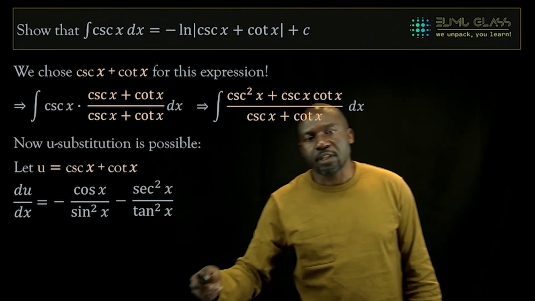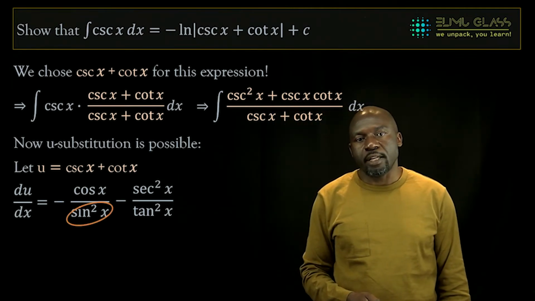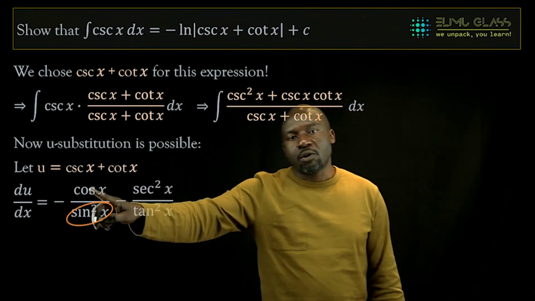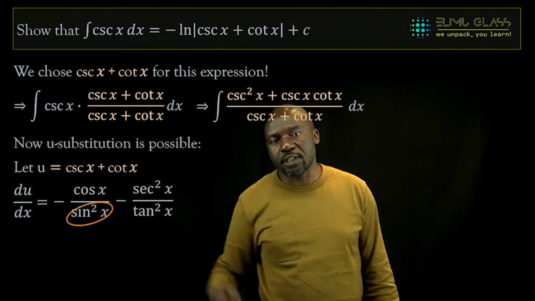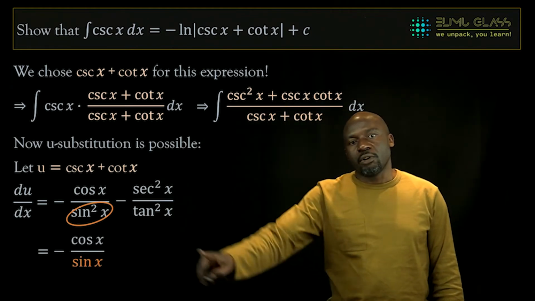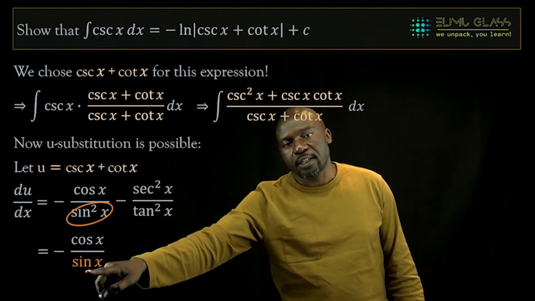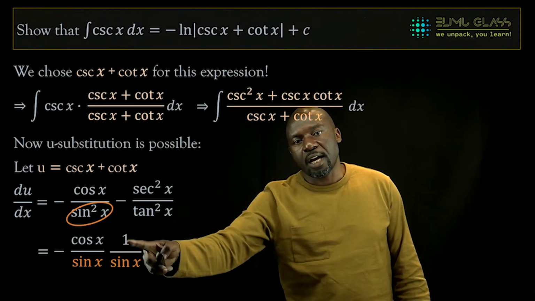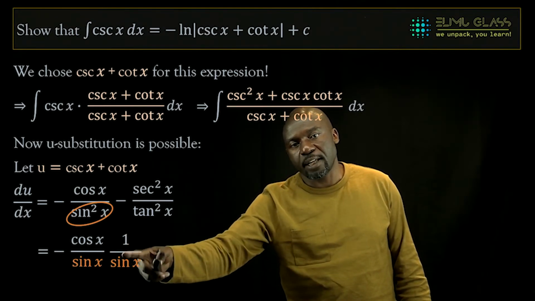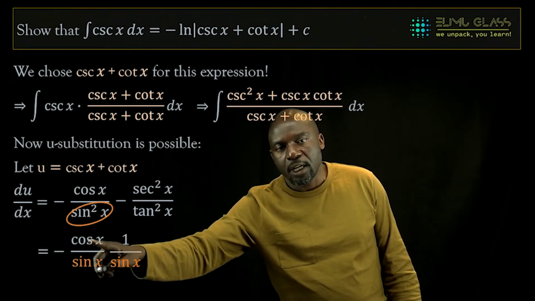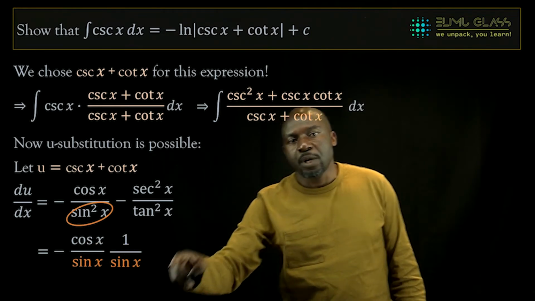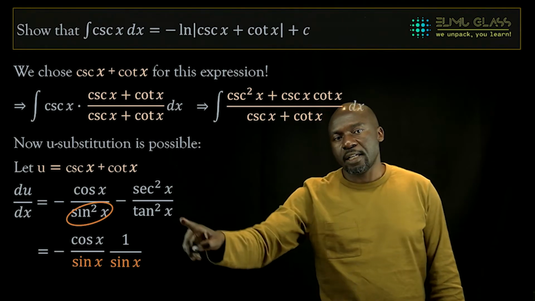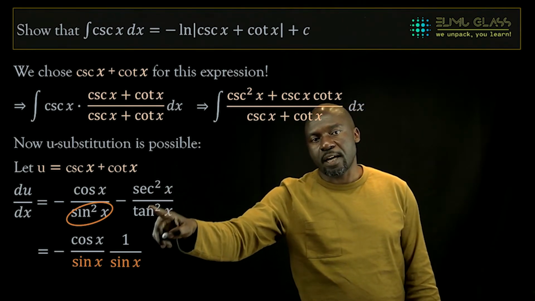If I split that sine squared, then I have cosine of x over sine, and on the other side I remain with 1 over sine x. So cosine over sine is cot, and 1 over sine is cosec. On the other hand, I have sec and tan.